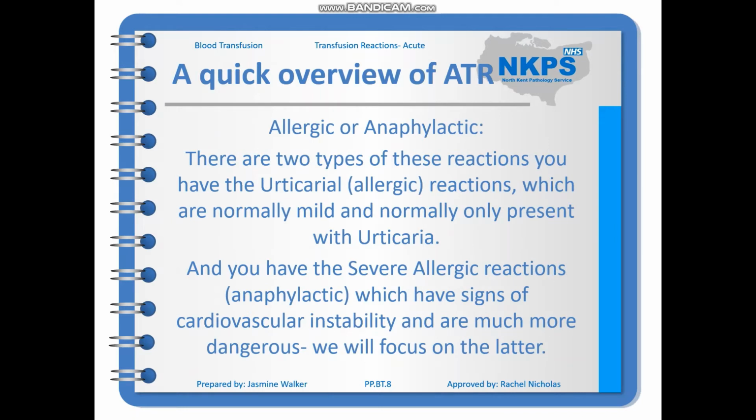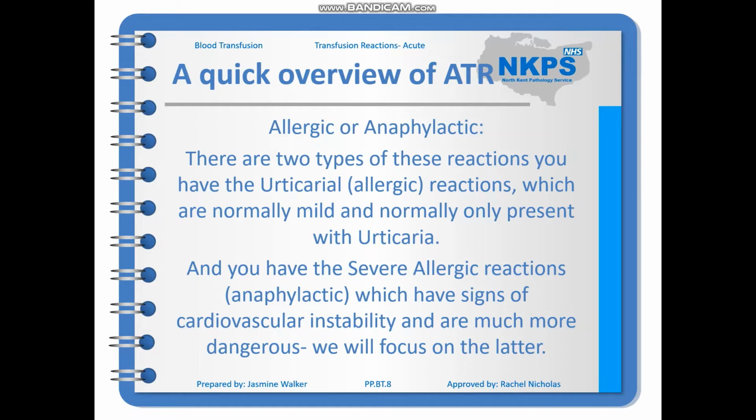Then when we talk about allergic or anaphylactic, there are two main types of these reactions. So you have the, and I cannot say this word, urticarial allergic reactions, which are normally mild and only present with urticaria, which is a rash, pretty much.